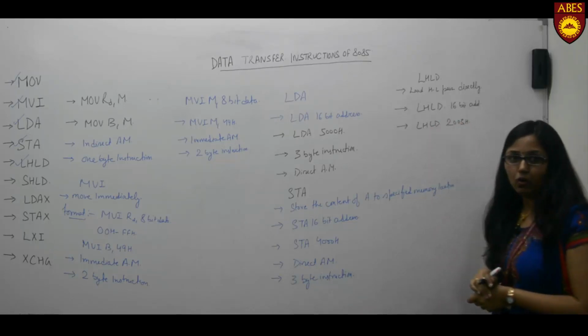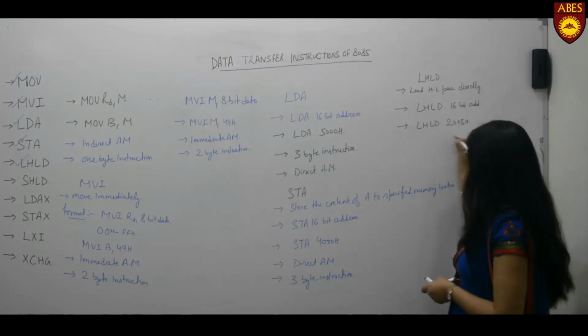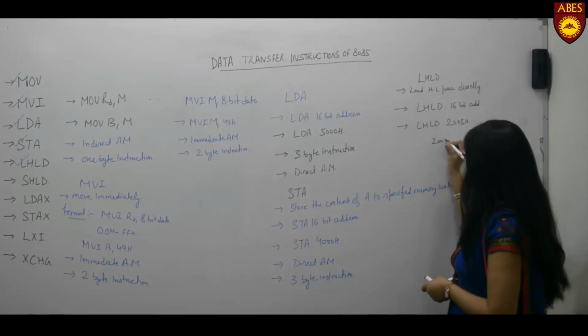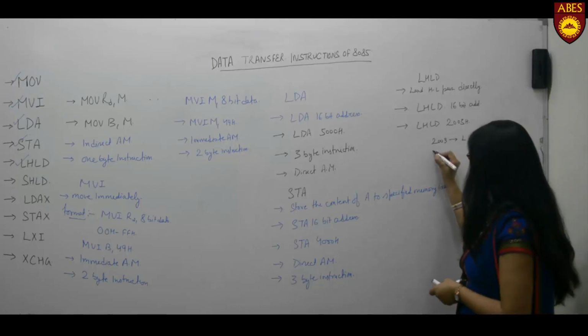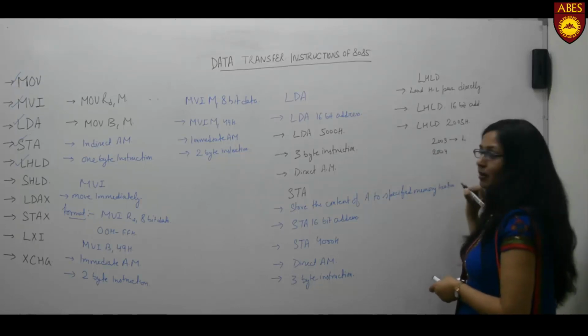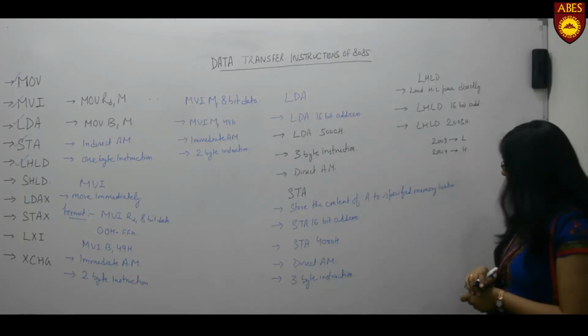For example, if we write LHLD 2003H, after the execution of this instruction, the content of the 2003 memory location is moved into the L register, and the content of the next location, 2004, is moved into the H register.